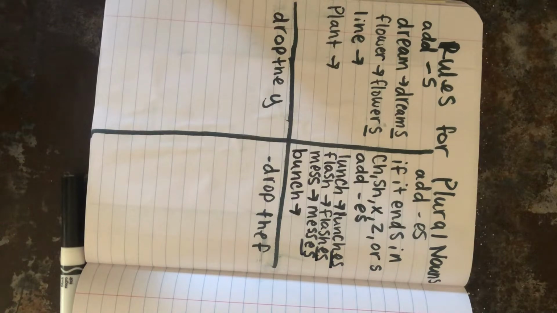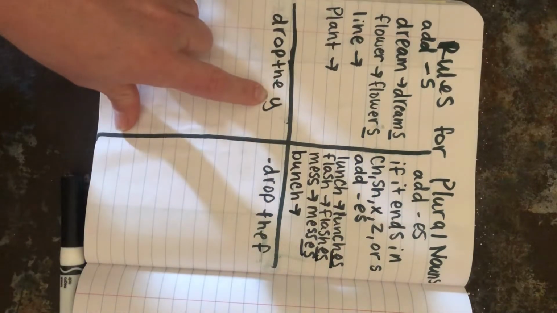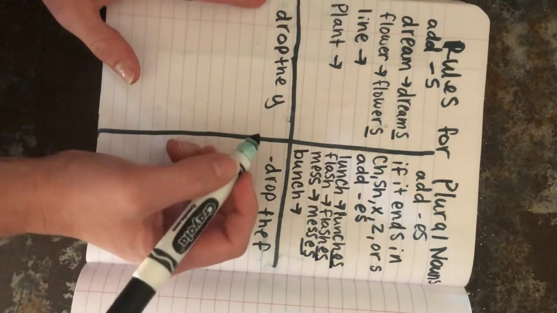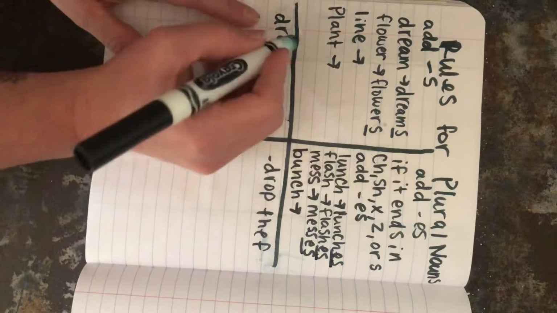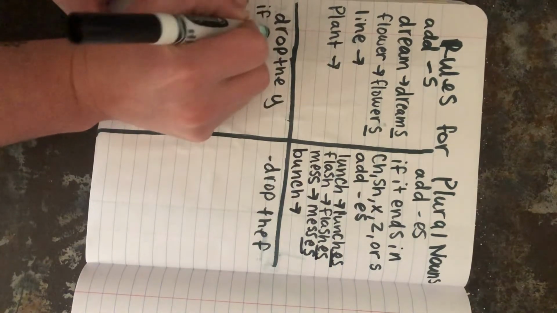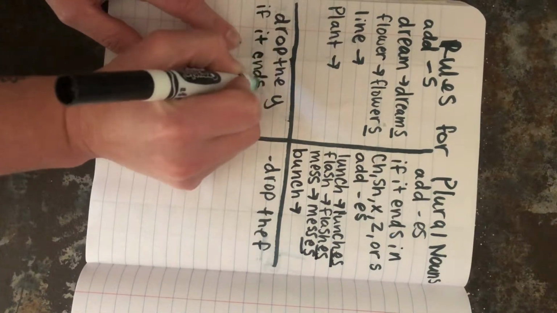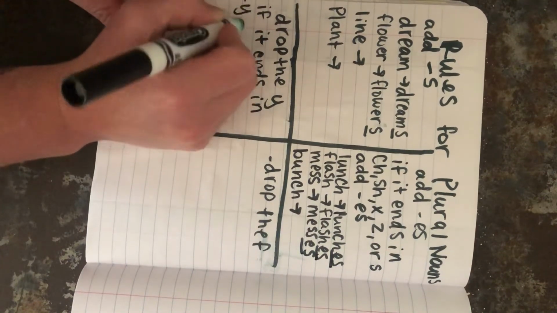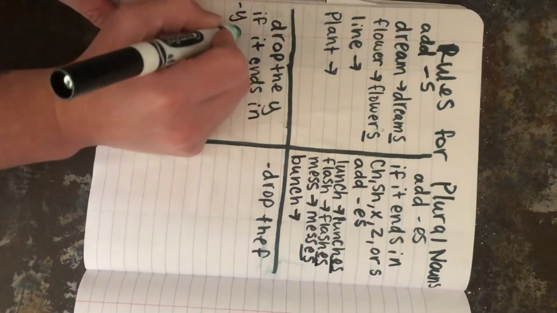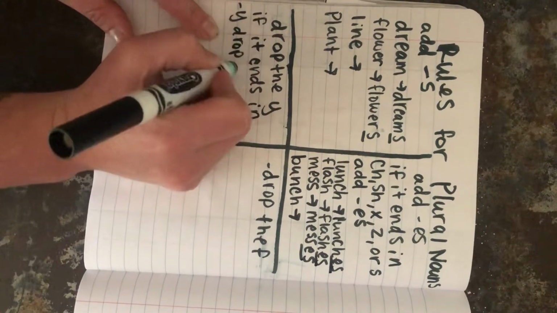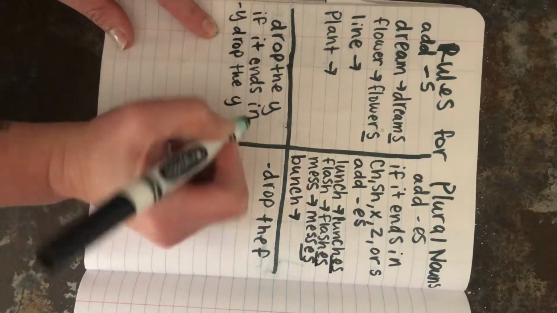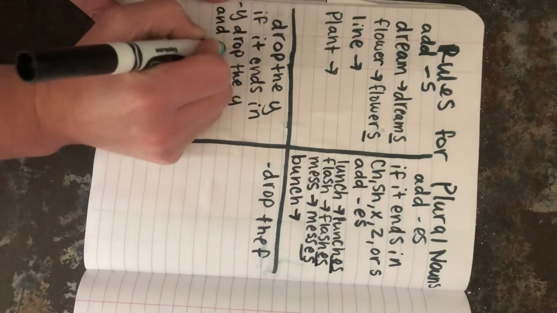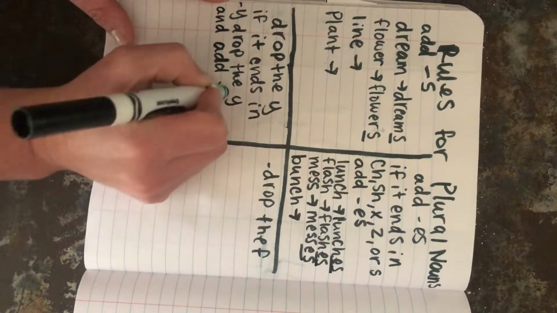All right, guys, our next rule is if there is a Y at the end of that word, you have to drop the Y off of the word and add IES. So your rule here is: if it ends in Y, drop the Y and add IES.